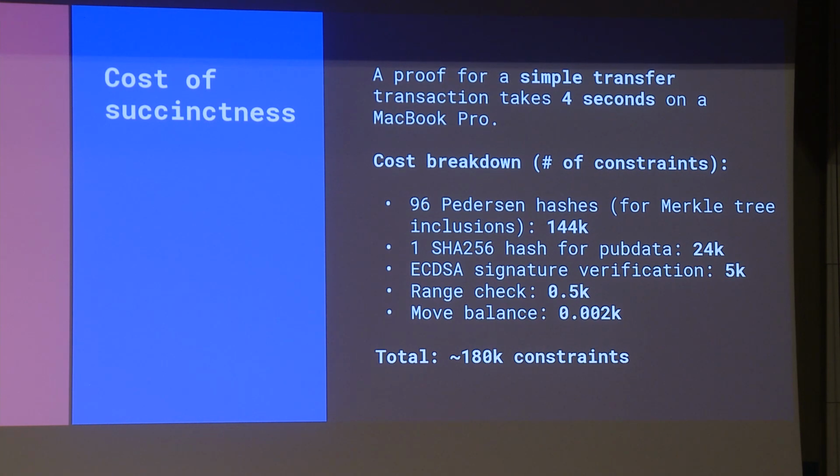Most of the constraints go for hashes, which we need to check the Merkle proof inclusions. Some part goes for complex hash functions. Not all hash functions are equally computable under zero-knowledge proof conditions. And some very small amount of computational power goes for actual operations, such as updating the balances.